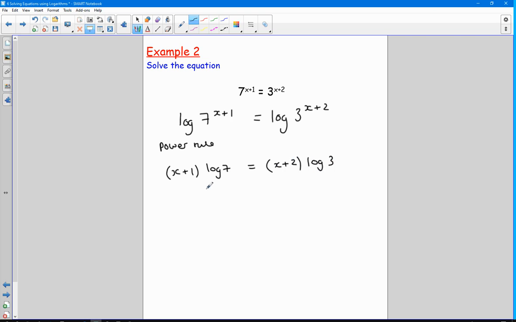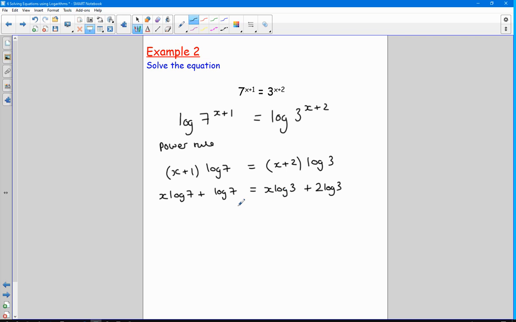of 3. And what I need to do is expand the brackets, collect the terms with x on one side, the terms without x on the other, so it allows me to factorise and isolate x. So this becomes x log 7 plus log of 7 is equal to x log 3 plus 2 log 3.